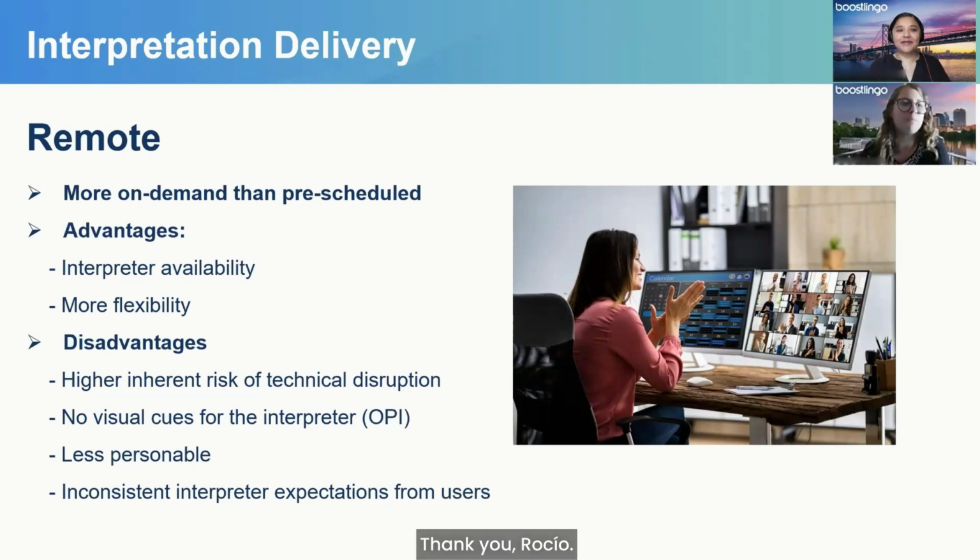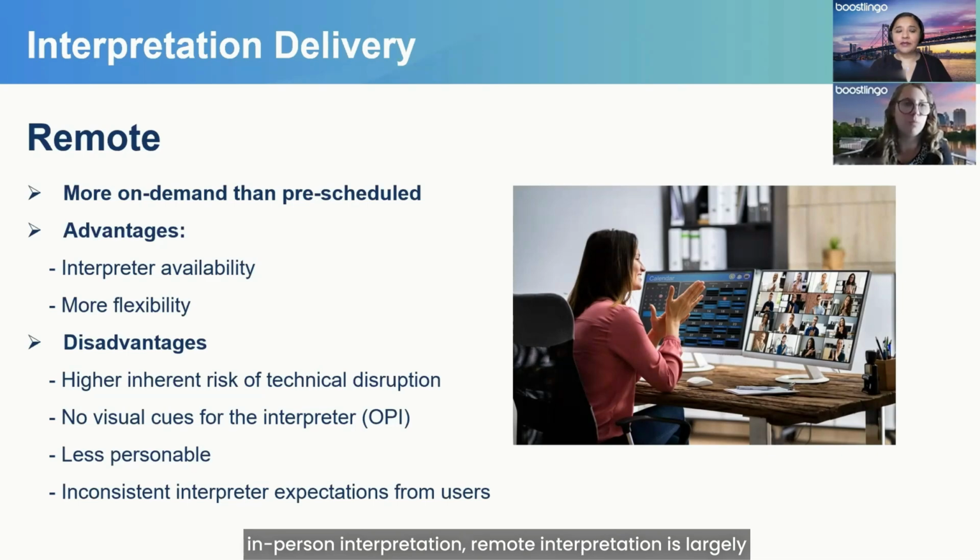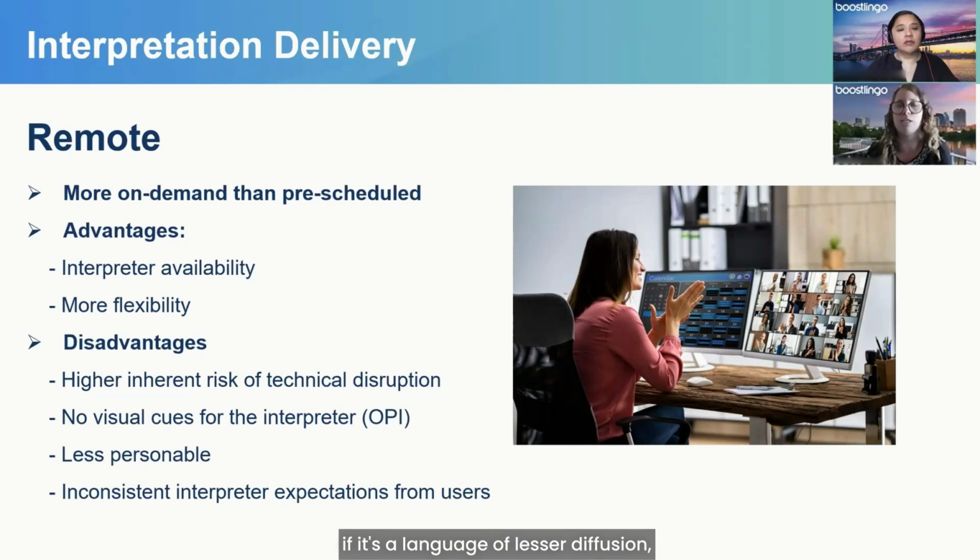Thank you, Rocío. So in contrast to on-site or in-person interpretation, remote interpretation is largely on demand rather than pre-scheduled. However, depending on the language you need, if it's a language of lesser dispersion, where there are fewer interpreters available, pre-scheduling may be necessary even with remote interpretation. Some advantages of remote interpretation are interpreter availability.